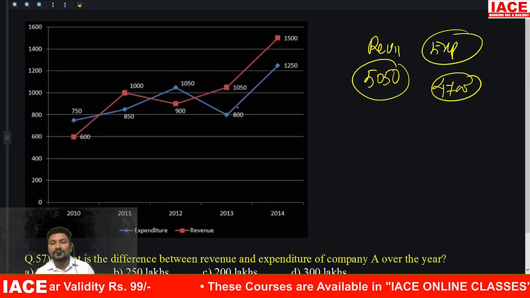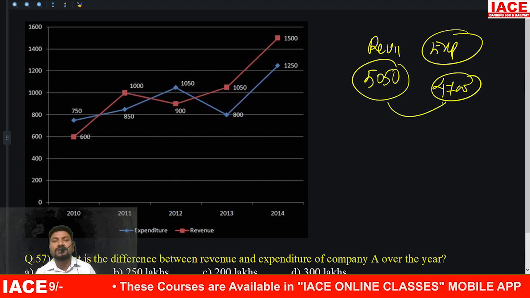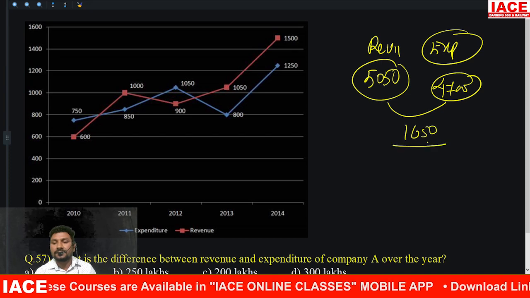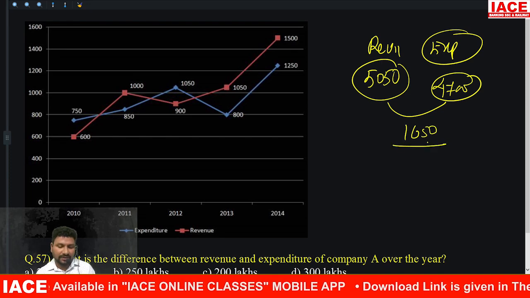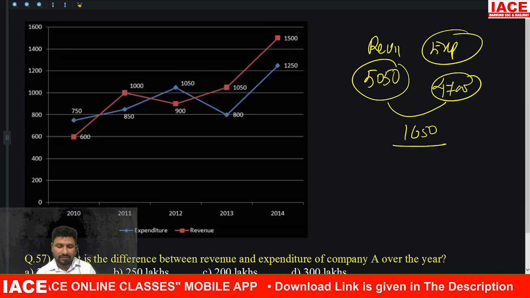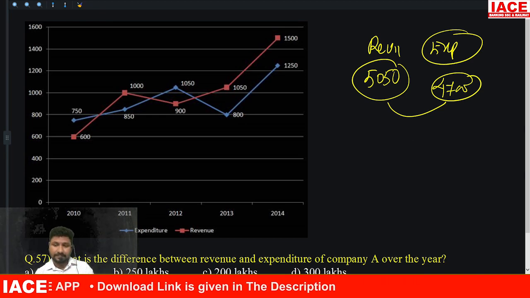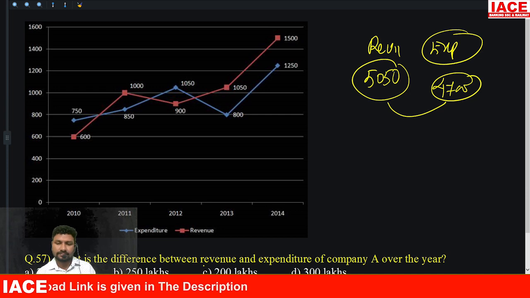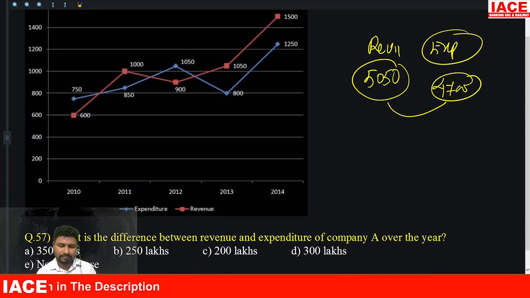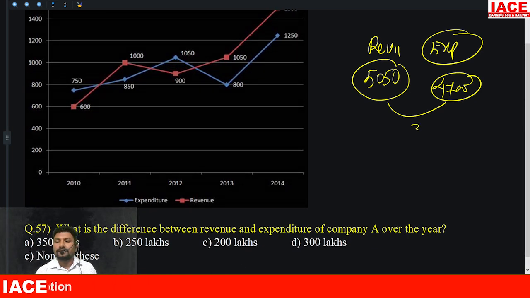In 4700, 5050. Difference is how much? 350. Option A.